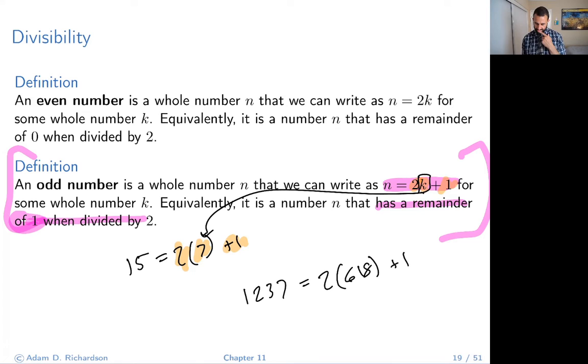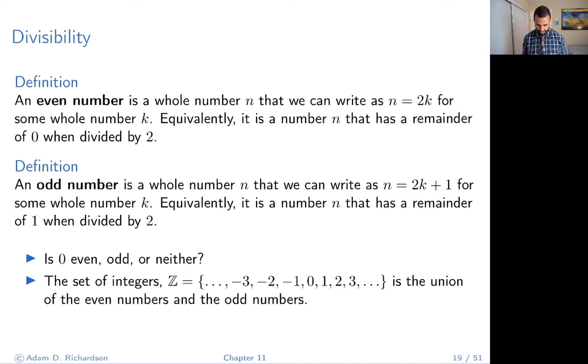And then that, yep, that'll give me 1236 plus 1. There you go. See, that's why you have to know all that stuff about our numeration system from before, right? Okay, so again, the structure is identical: 2 times k plus 1. That's how you know a number is odd. And you do need to know that definition, so that's a definition you need to memorize.